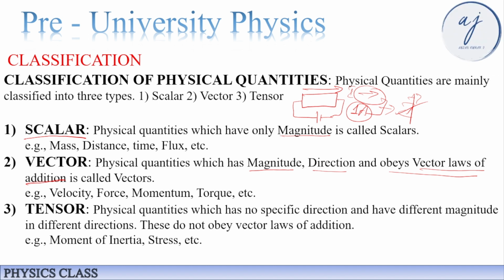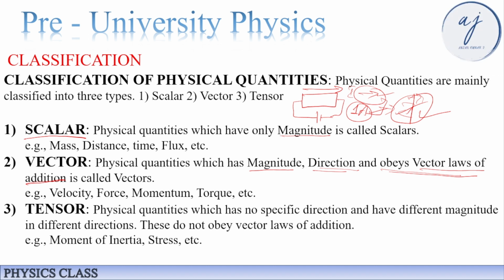So, in order to call any physical quantity a vector, it should have magnitude, it should have direction, and it should obey the vector law of addition. Here, though the electric current has direction and magnitude, it does not obey vector laws of addition. That's why it's listed under scalar.